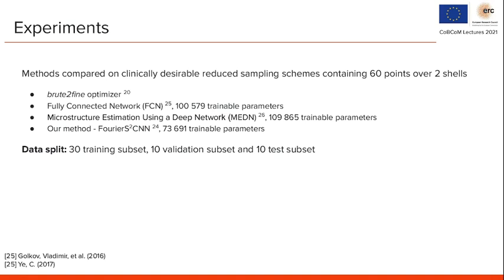We have compared our method to brute-to-fine optimizer and 2 deep learning approaches, namely fully connected network and microstructure estimation using a deep network, or shortly MEDN. For training of deep learning approaches, we have used 30 subjects. Validation subset contains 10 subjects, and final testing was performed on 10 subjects.